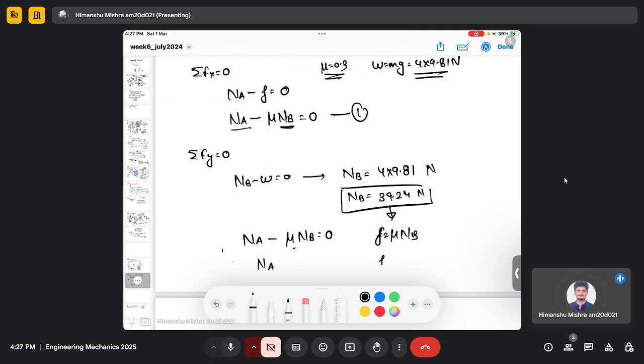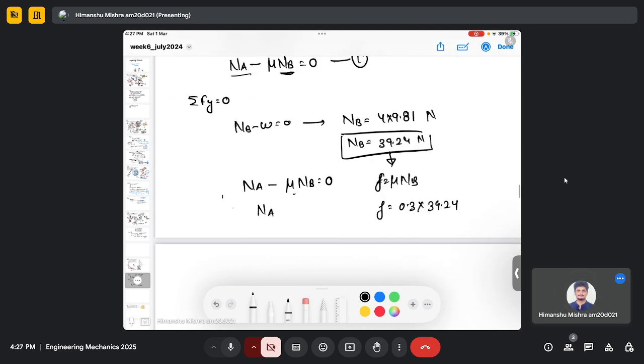So my F will be mu, which is 0.3, multiplied by 39.24. So this F will be 11.772 Newton. This will be my friction force.